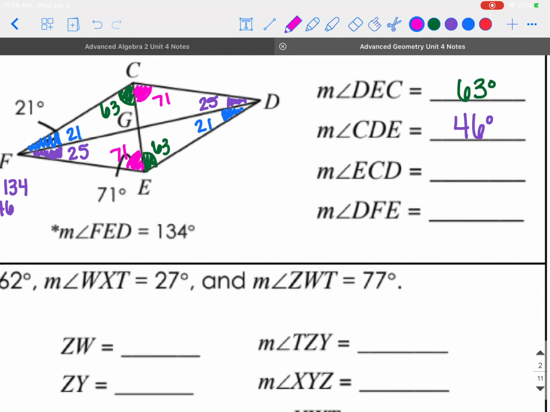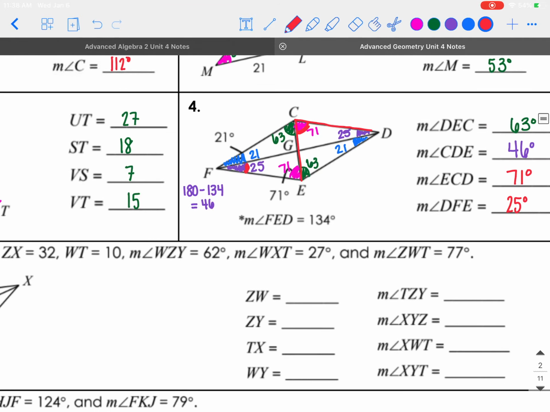ECD, that's right here. ECD is 71 degrees, and DFE, that's over here, is 25. So a lot of little things that you have to remember, especially about the angles.